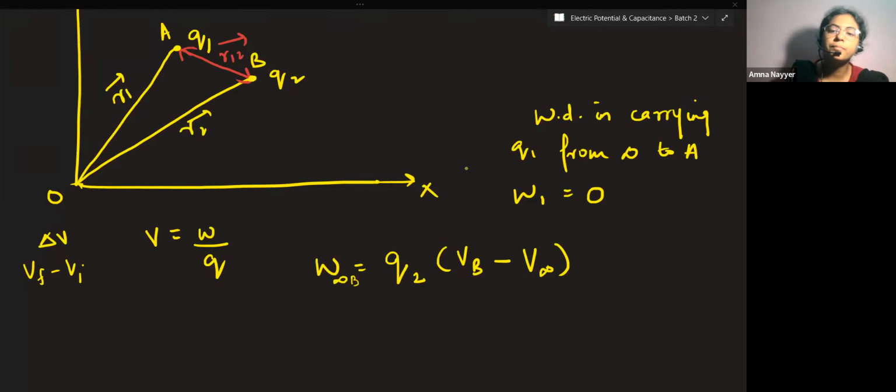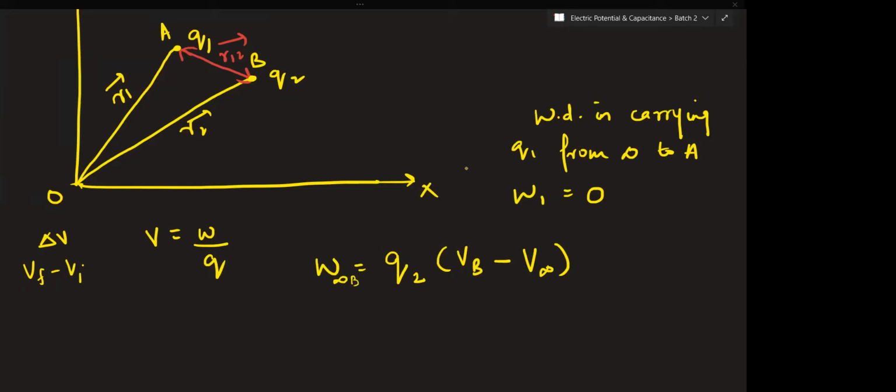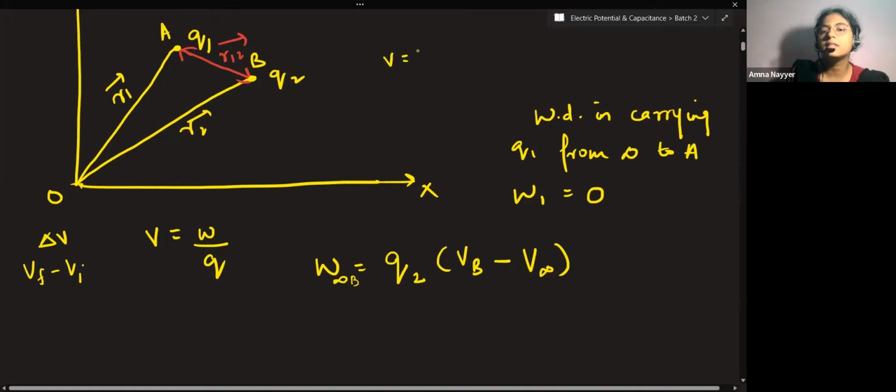See, the general formula of potential is KQ divided by R. At point B, potential is being generated by charge Q1. Separation of Q1 and Q2 is R12. So what will be the potential at B because of Q1?